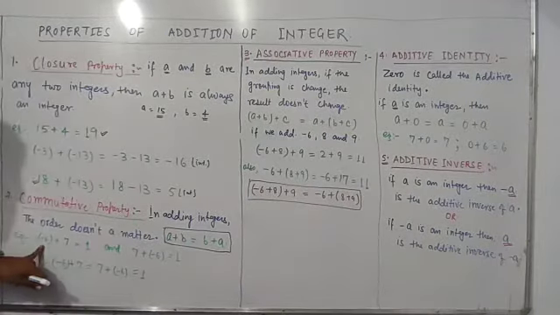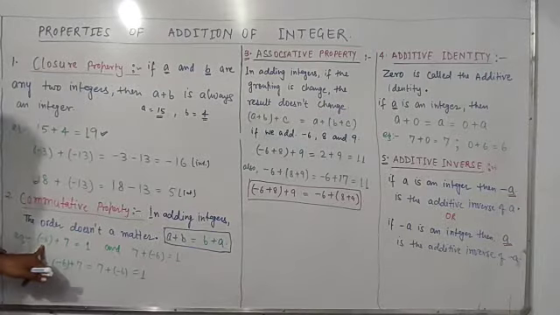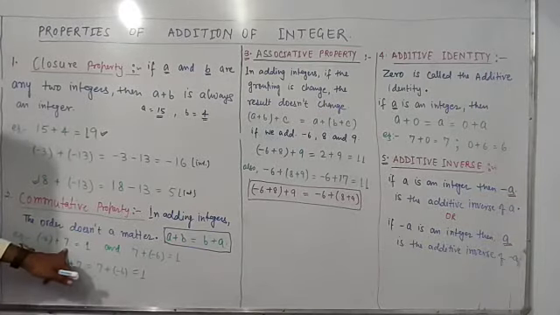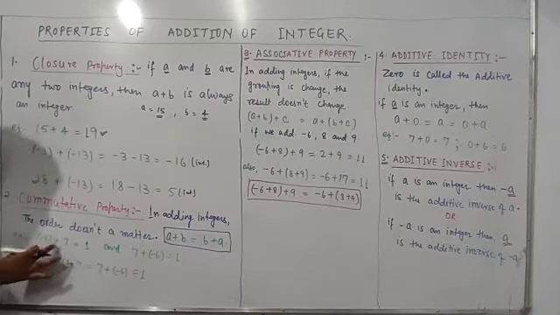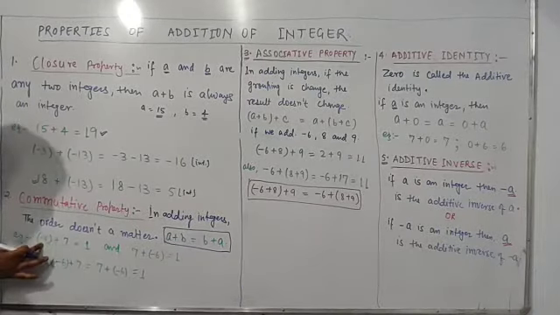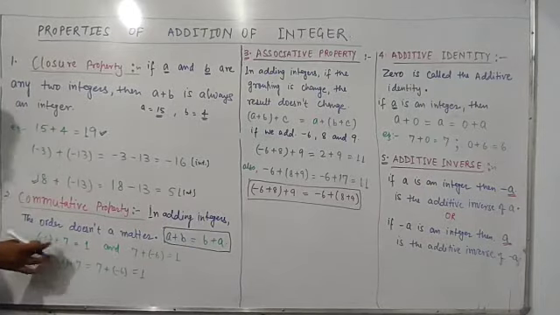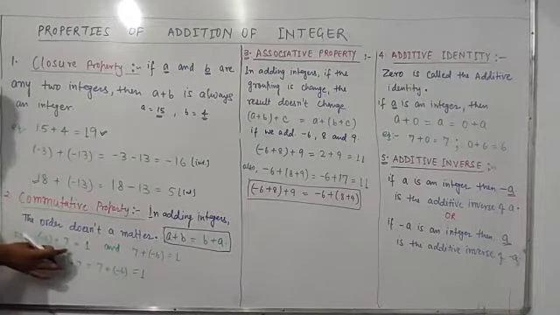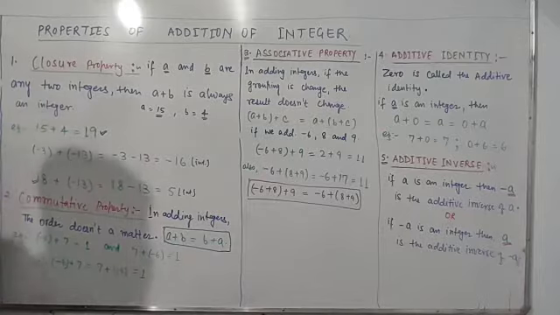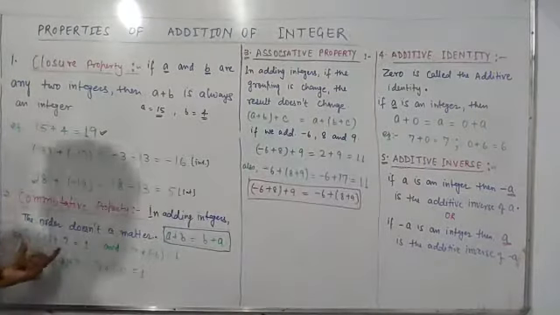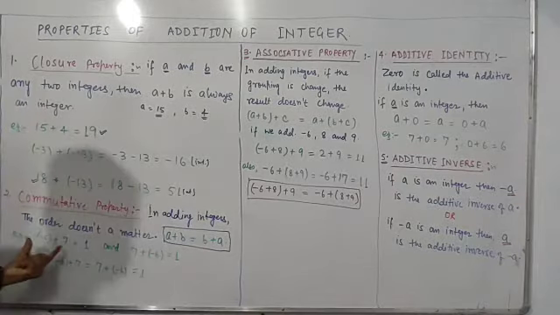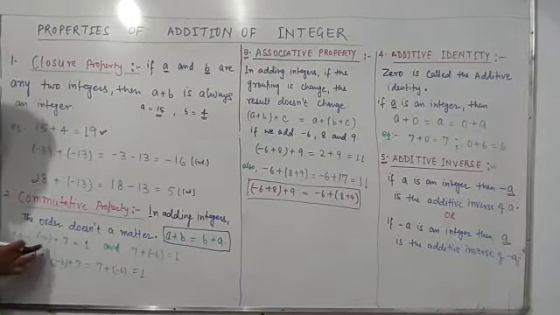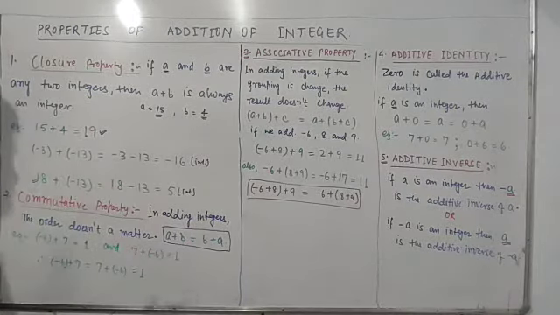Example, minus 6, which is an integer, and 7, which is also an integer. We add these two values. One is a negative integer and the other is a positive integer. According to the rule, if the signs are different, then we simply subtract these two values. After subtraction, 7 minus 6 is 1.